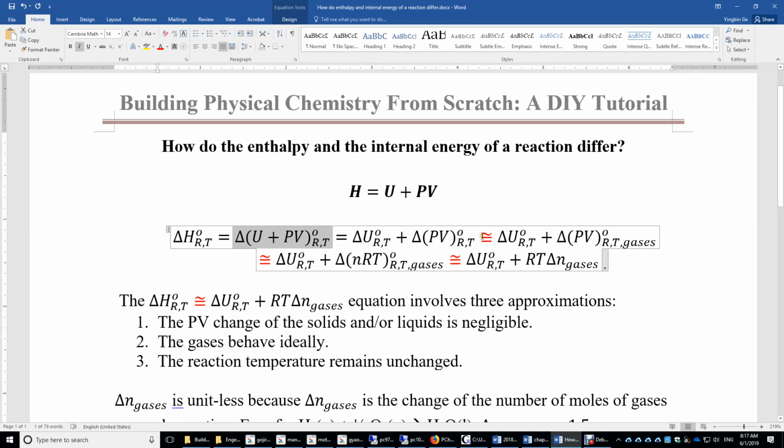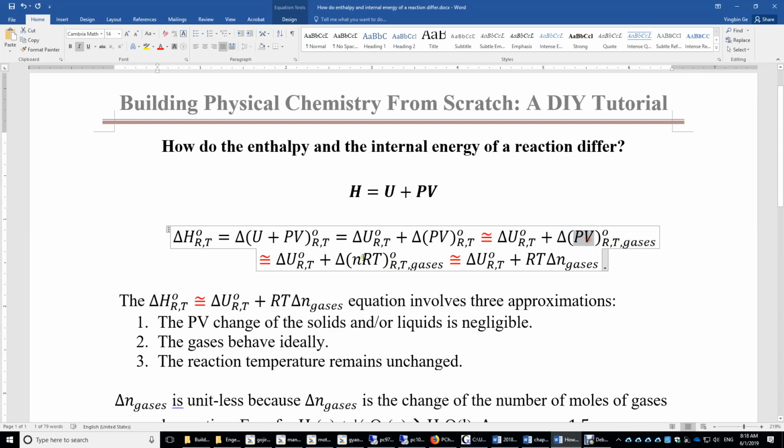And we make our first approximation here. We assume the change of the product of PV of solids and liquids is negligible. Therefore, this delta PV is approximately just this delta PV of gases. Then we make the second approximation in which the gases are treated as ideal gases.